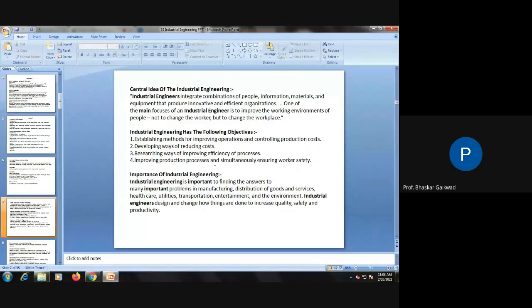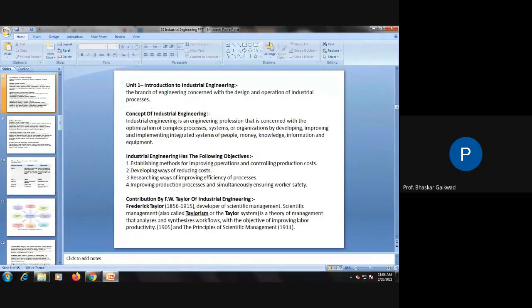Then the central idea, the objective of industrial engineering, is given with the importance of industrial engineering. Then unit number one: definition of industrial engineering, concept of industrial engineering, the main objective of industrial engineering, and what is the contribution of F. W. Taylor, and the birth of the scientists as engineering started from mechanical engineering.